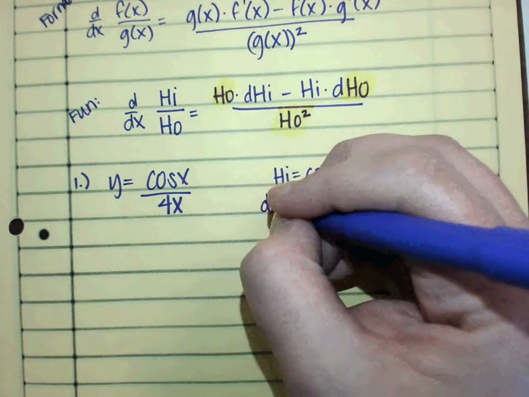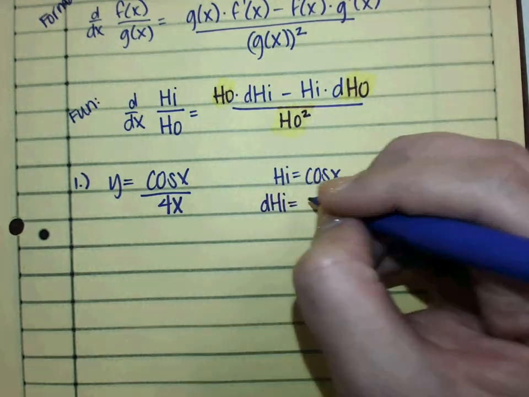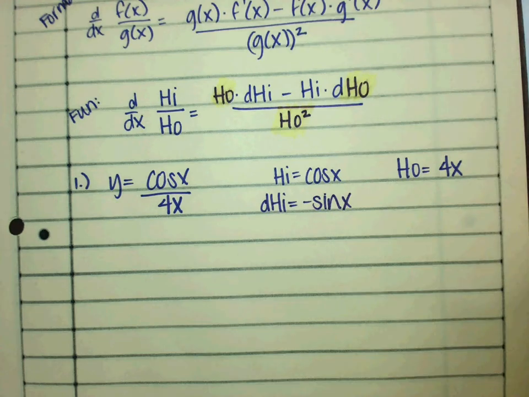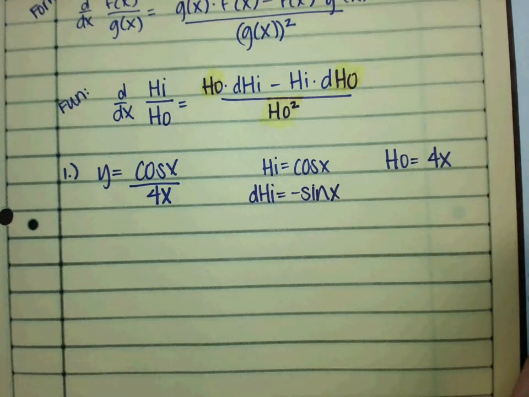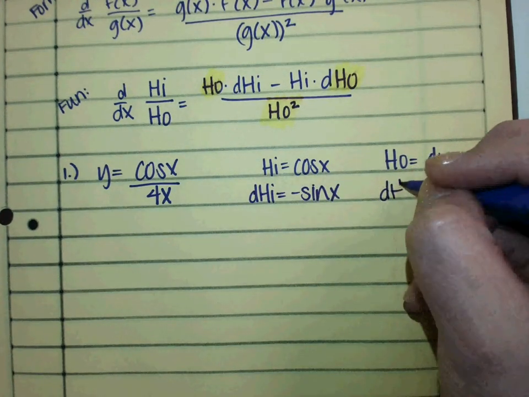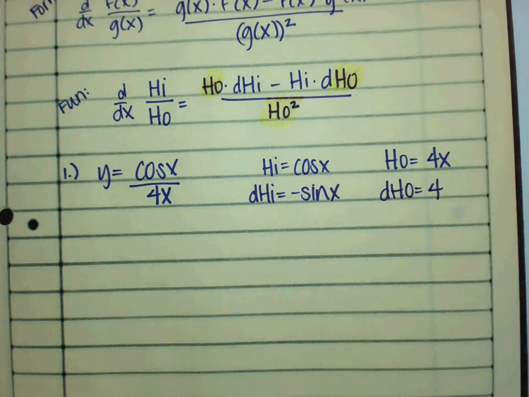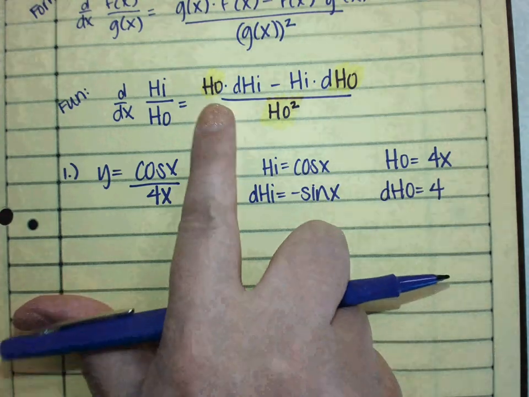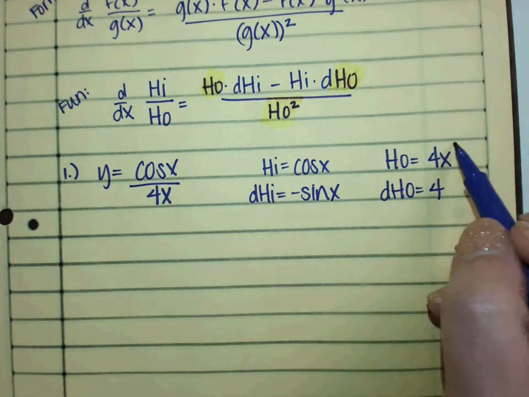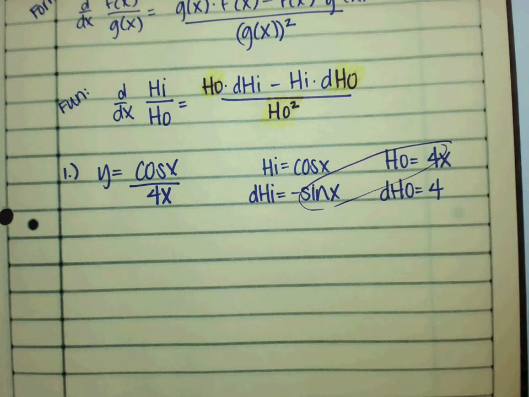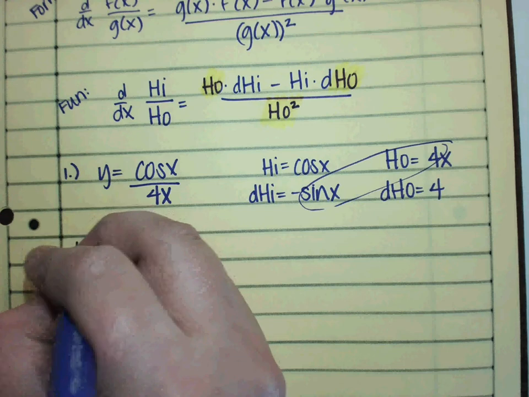So d high is the derivative of cosine, which is negative sine x. And d ho is going to be the derivative of 4x. Just a 4. Because 4x derivative is just a 4. Good. Okay, from there, we need to take the derivative. So it's ho d high, that's this diagonal, minus high d ho is this diagonal. So here we go. dy dx equals, remember that means derivative.